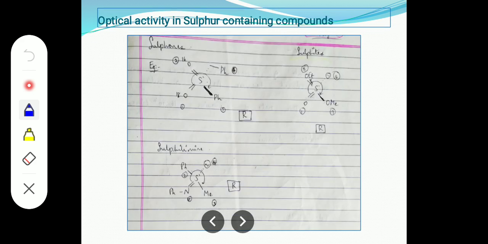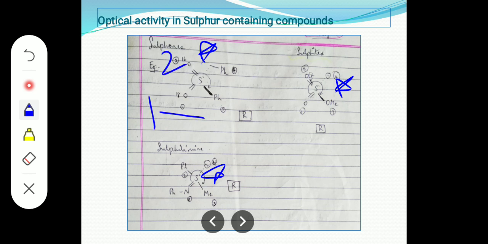Next, let's assign R and S for some more examples. So we have a sulfone, we have a sulfite, and we have a sulfonamide. First, starting with the sulfones, when we do the numbering here, all of these are chiral sulfur. When you talk about oxygen, the highest atomic weight is going to be O18, so we are giving it first priority.